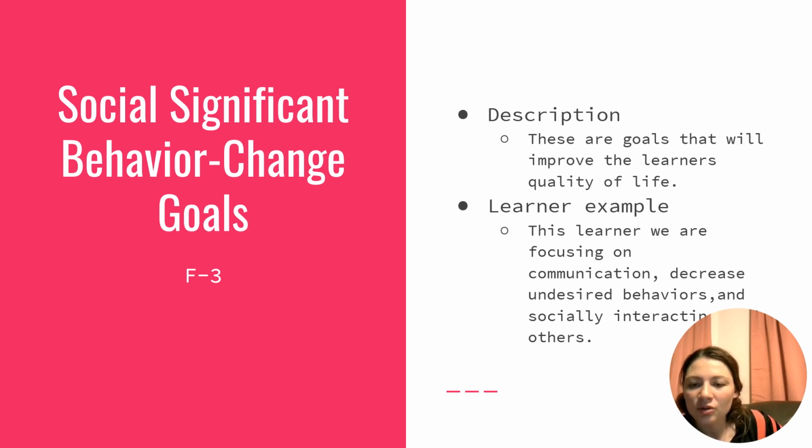For social interactions, the learner does have some peer aggression and does not play well with others. So we want some social skills to help improve their quality of life, being able to tolerate being around others and around other learners to go to the school environment.